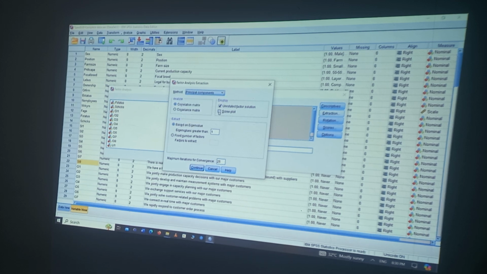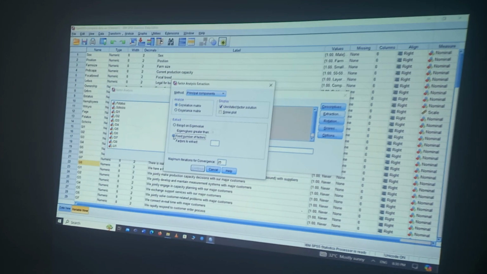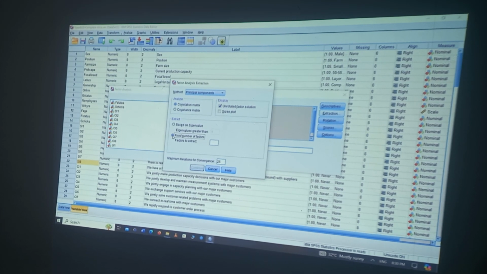Then click on Fixed number of factors. Have you seen that one? This one separates confirmatory factor analysis from exploratory. We are telling the machine how many factors we want it to generate. Maybe if I want 2 or 3. So in this context, how many factors do you want it to generate?